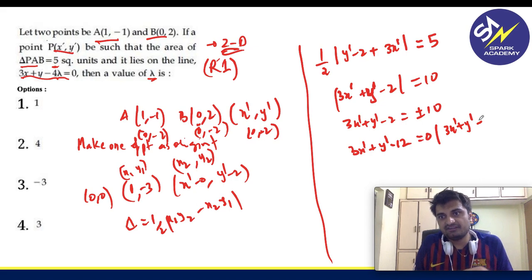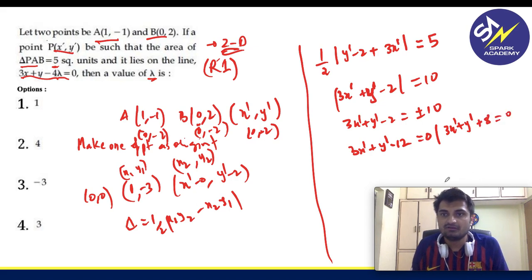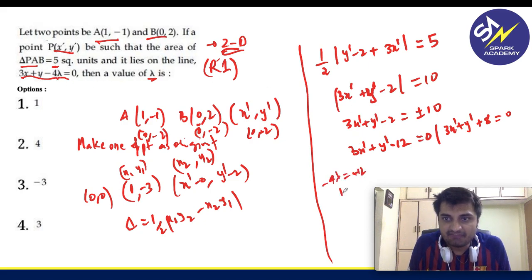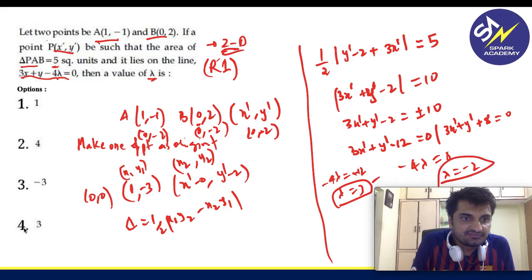So either minus 4 lambda is minus 12, so lambda will be what? 3. Or minus 4 lambda is 8, lambda will be what? Minus 2.